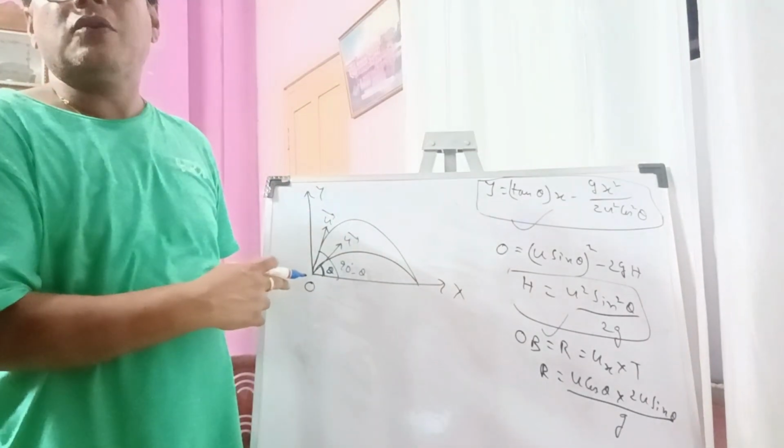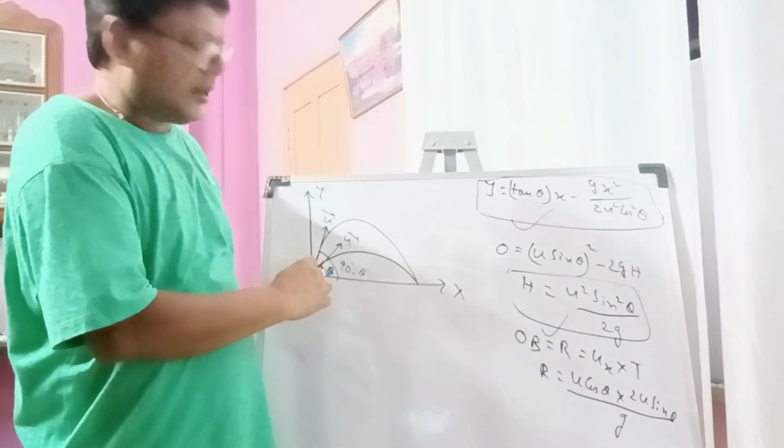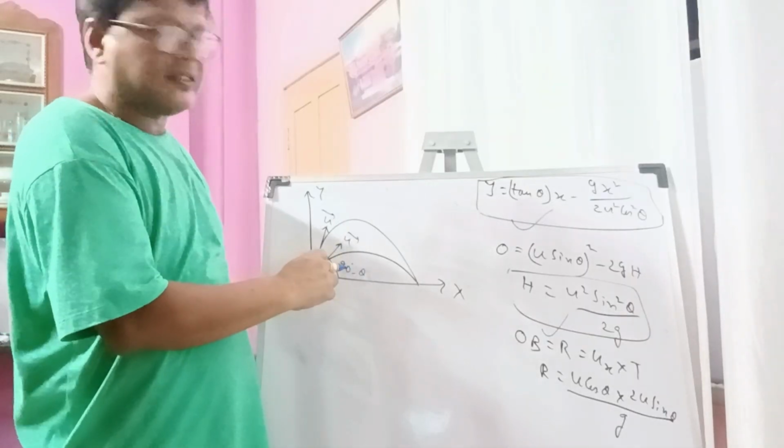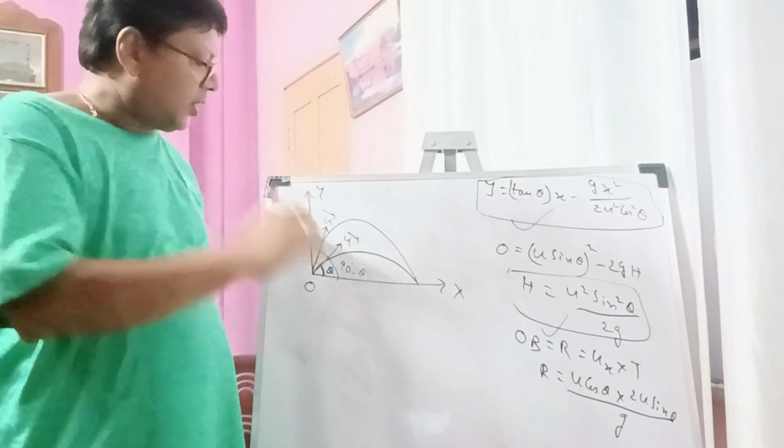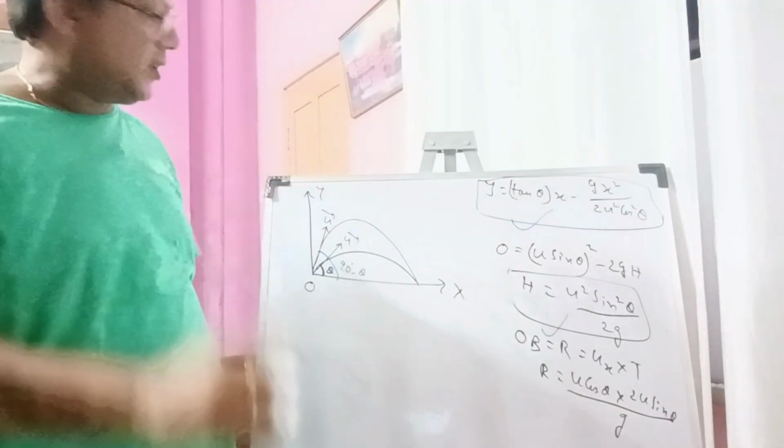That is, both should be complementary angles. Suppose theta is 30 degrees, the other should be 60 degrees. Theta is 20 degrees, it is 70 degrees. Whatever, the sum of these two angles should be 90 degrees, complementary angles.